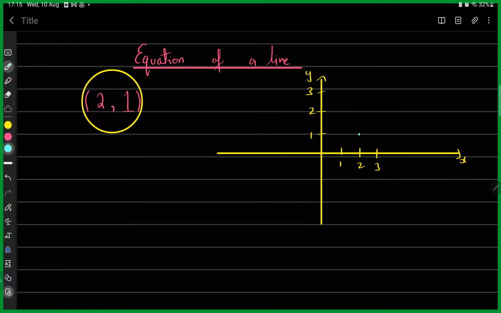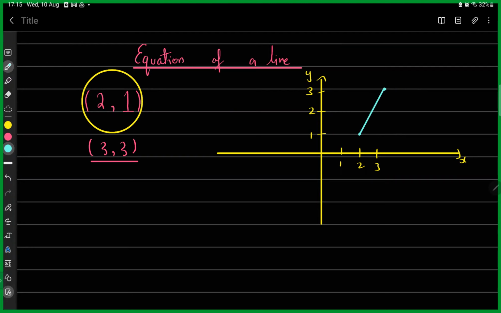This is the point. Let's say I write down another point, for instance 3 comma 3. Again, this is a point, so this would basically be somewhere here, 3 and 3. And if I join these 2 points, this is basically a line.